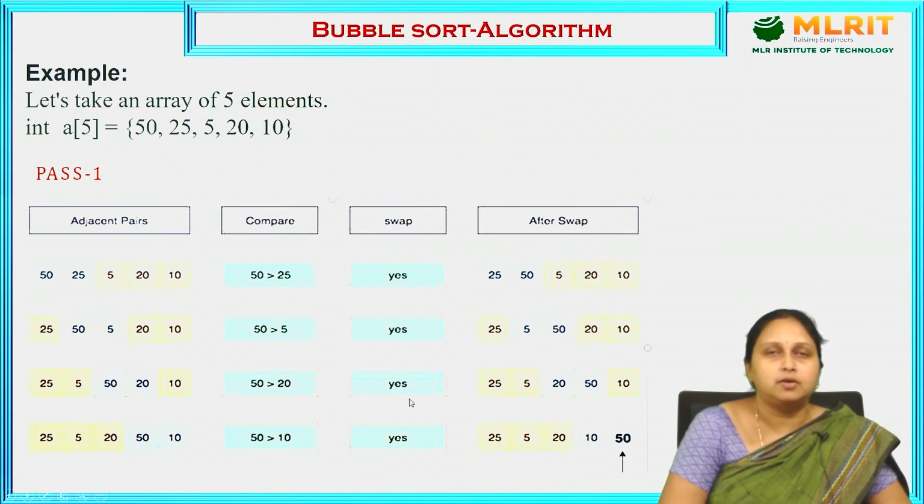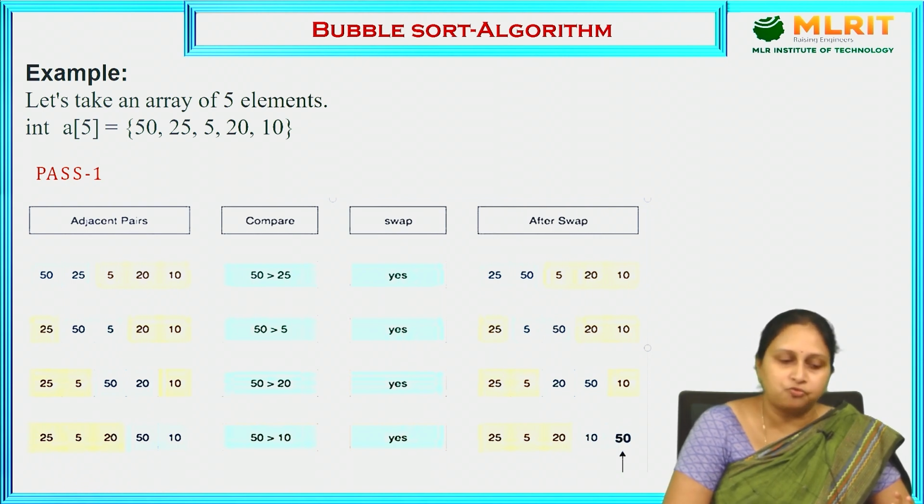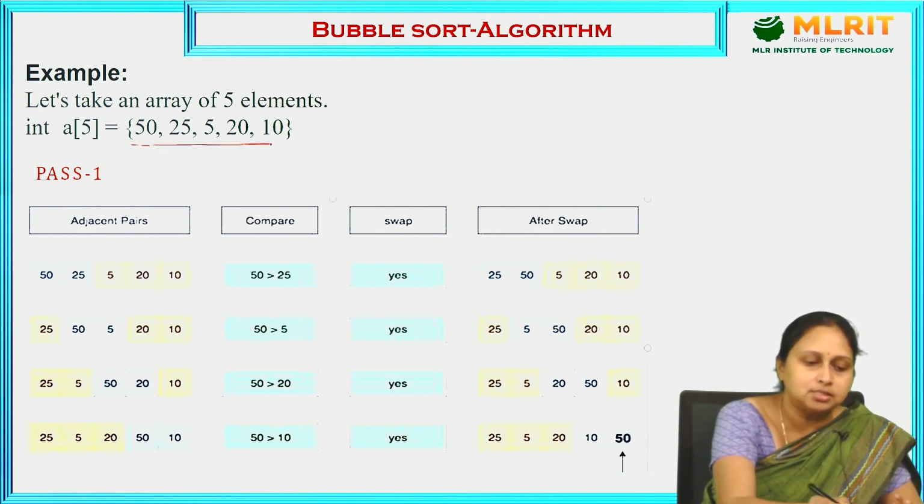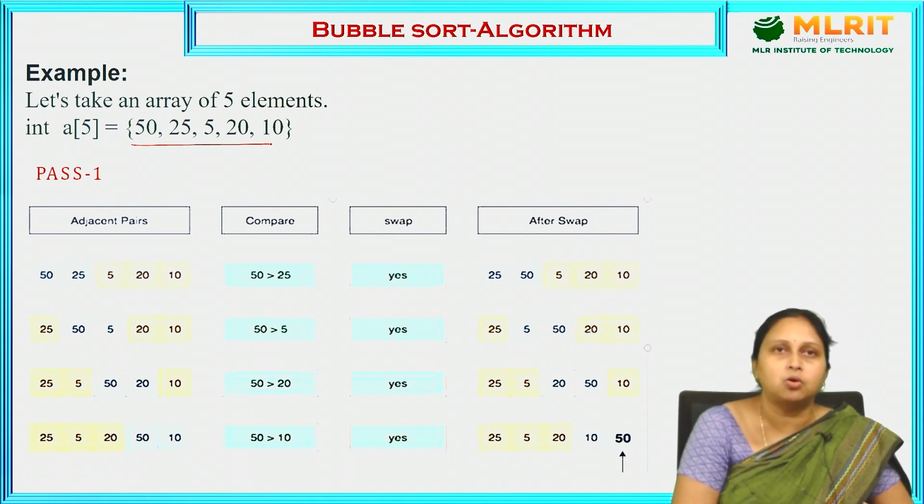Let us go for the bubble sort algorithm and see how it is going to work. Let us take some array elements, 5 of them. These are the 5 elements. If you could see, these elements are in unsorted order.